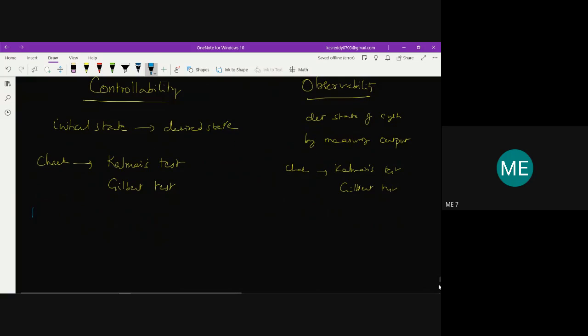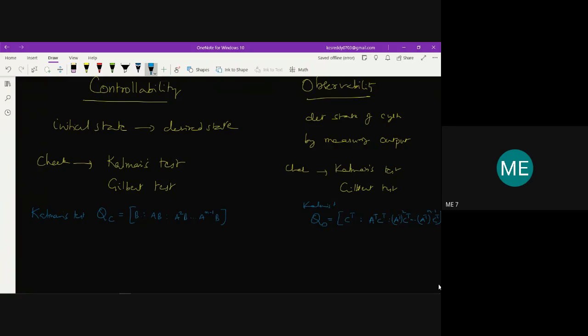In Kalman's test, we write QC, which is equal to the matrix B, AB, then A square B, and so on, up to A to the power of n minus 1 into B. Whereas for observability in Kalman's test, we write the QO matrix: A transpose, C transpose, then A transpose whole square C transpose, and so on, A transpose whole to the power of n minus 1 into C transpose.